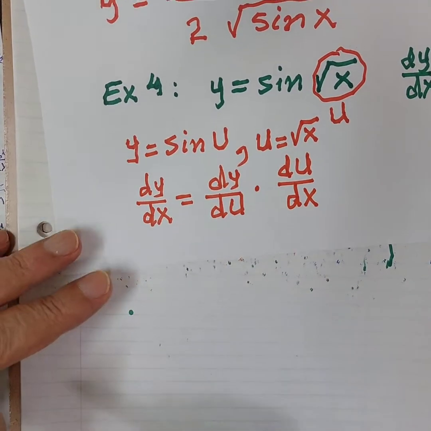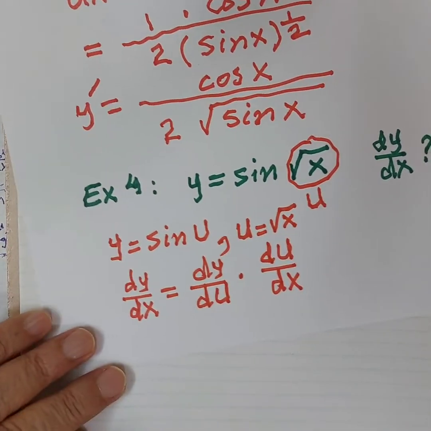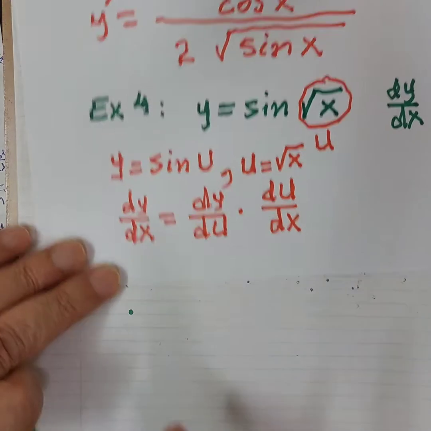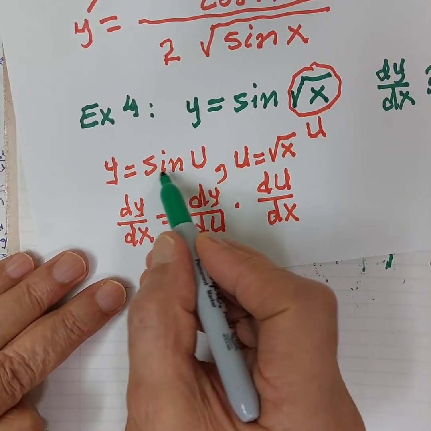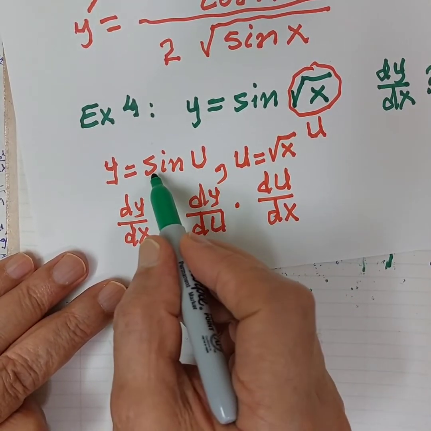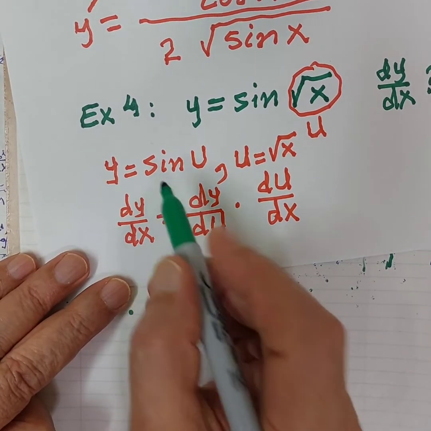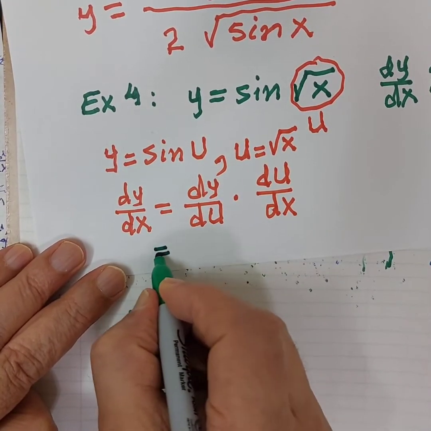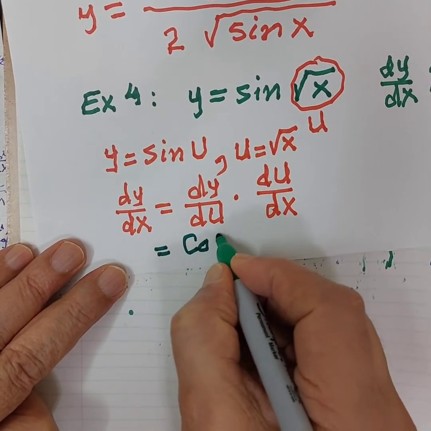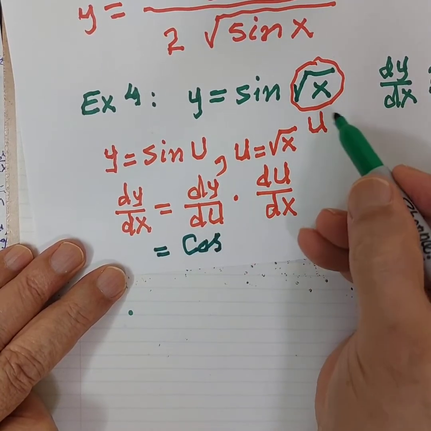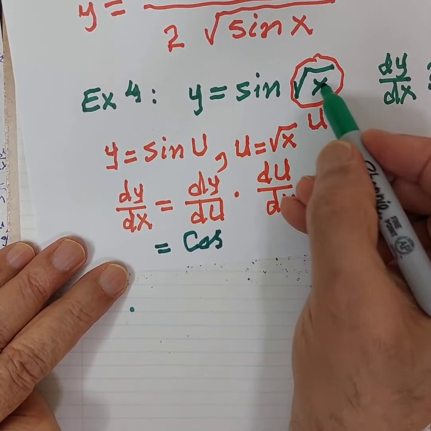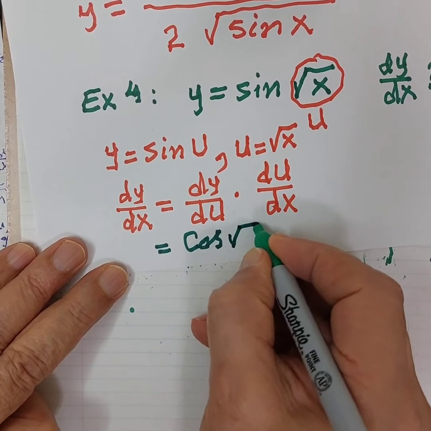Okay, let us do it now. Dy by du, that means the derivative of this. What's the derivative of sine? It is cosine. So here we write cosine u, and we know u is the square root of x. So we write cosine square root of x.